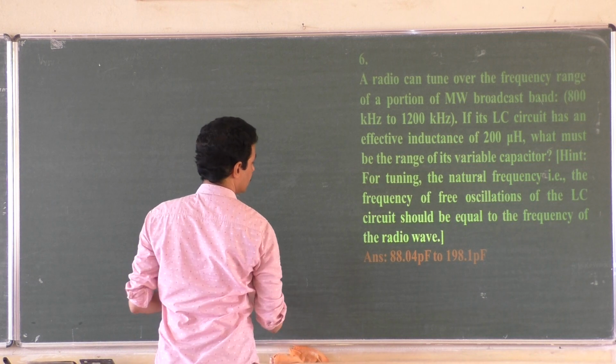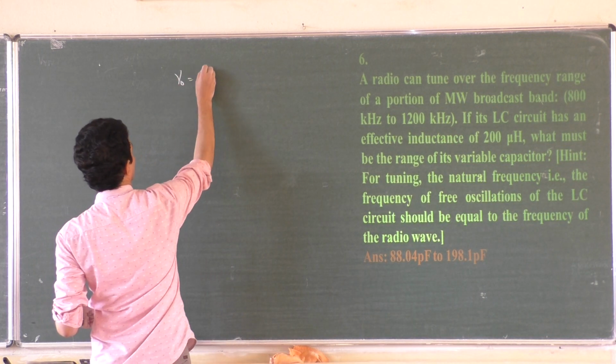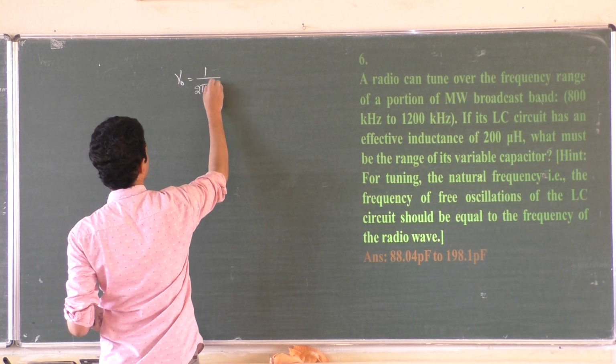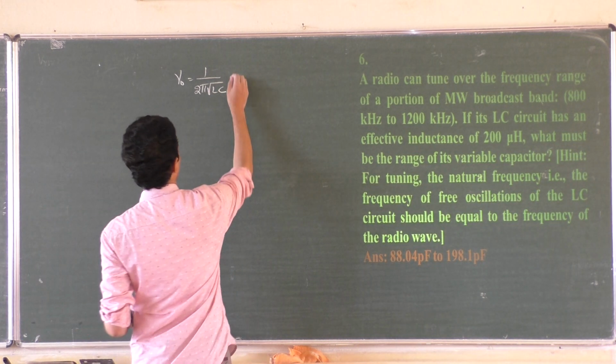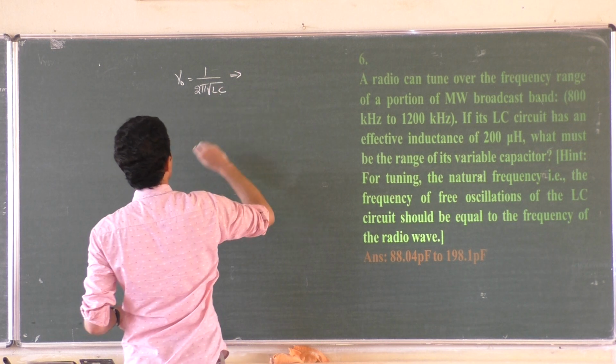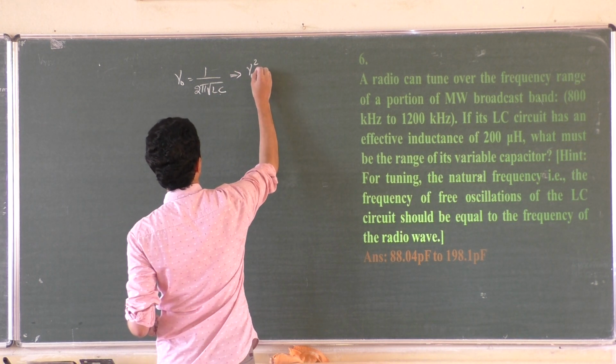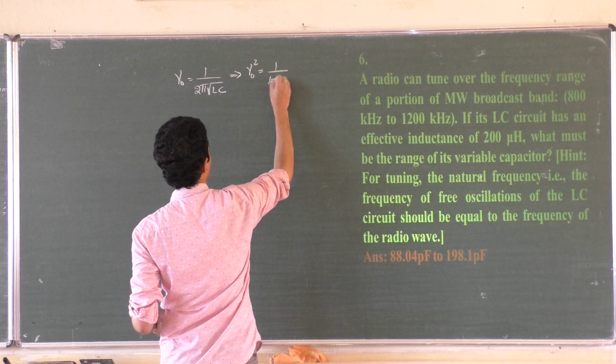You know that resonant frequency is equal to 1 by 2 pi root LC, right? If you square this, because I want to solve for C, nu naught square is equal to 1 by 4 pi square LC.